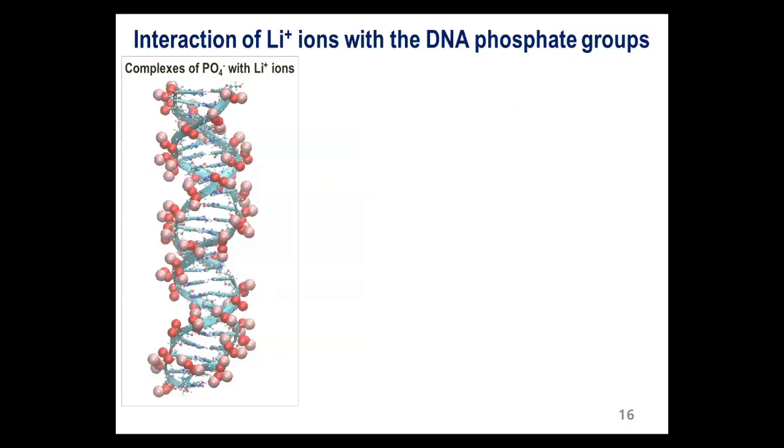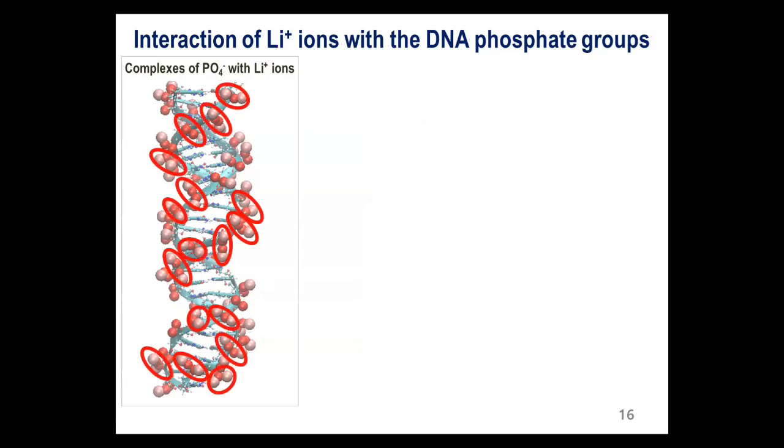So we analyzed the structure, and we found that in the case of lithium, we have overcharging of DNA. What does it mean? There are some phosphate groups where we have two lithium ions. You can see these red circles showing us these phosphates with two lithium ions.